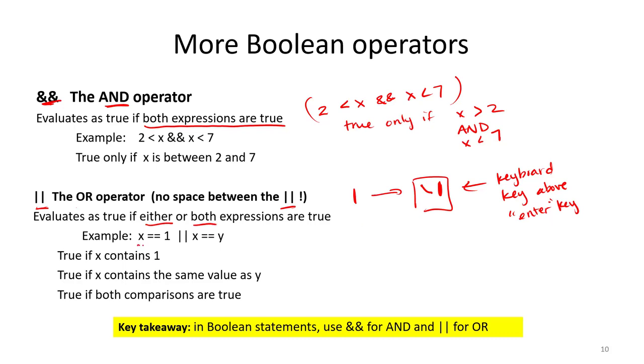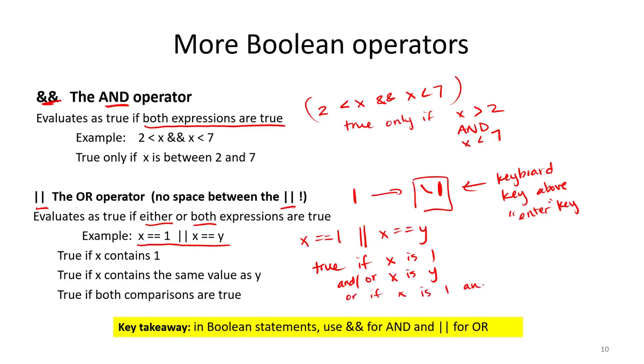So in this example, if x double equals 1 or x double equals y, this will return true if x is 1, or if x is y, or if x is 1 and y is 1. Basically, if either or both of the expressions are true, then the OR statement will return true.